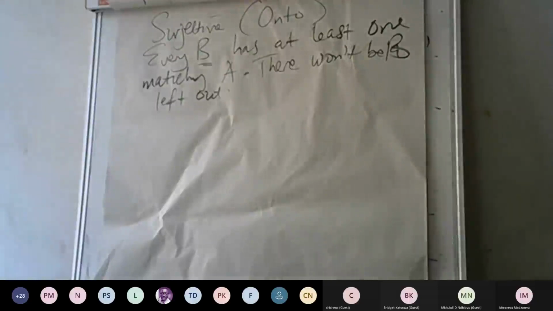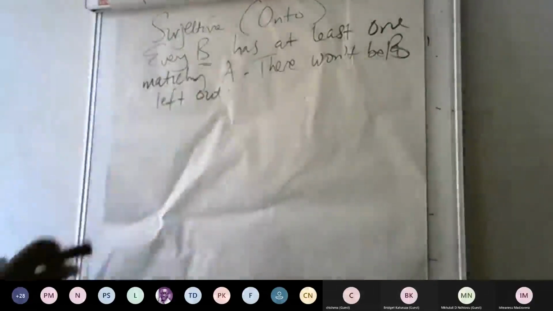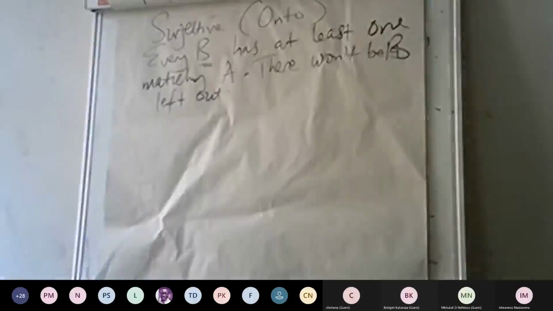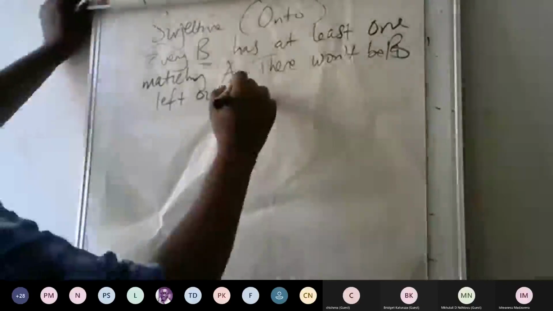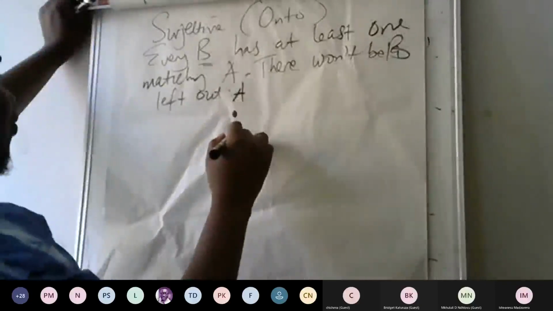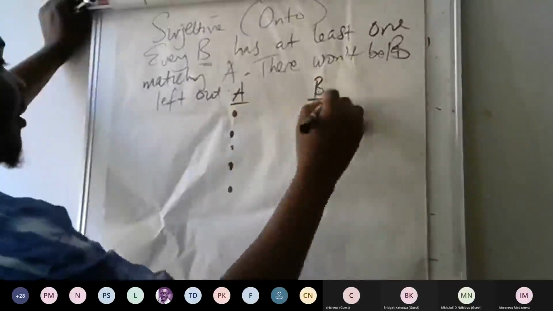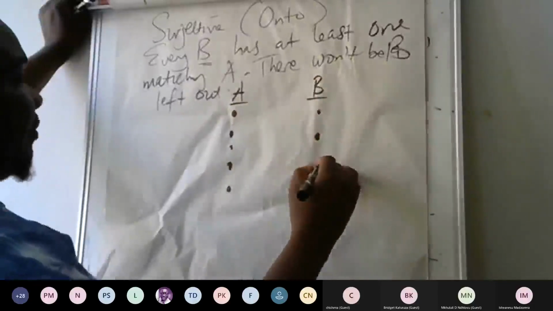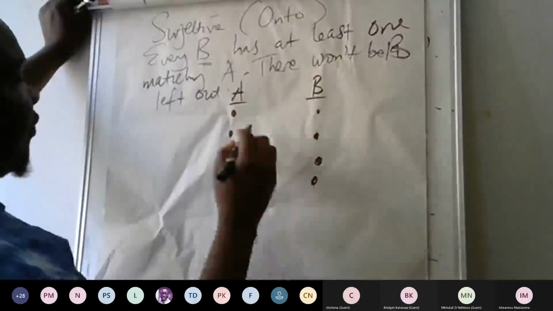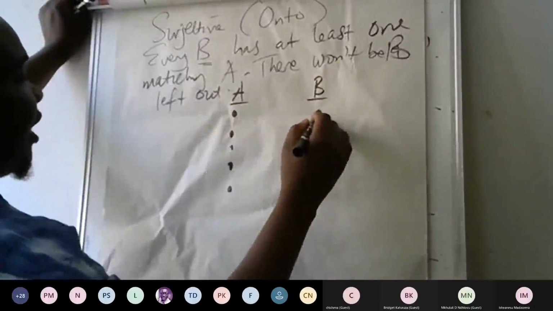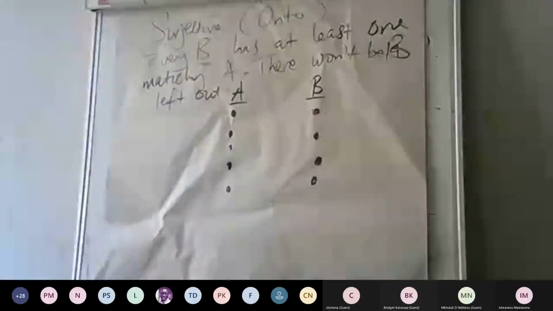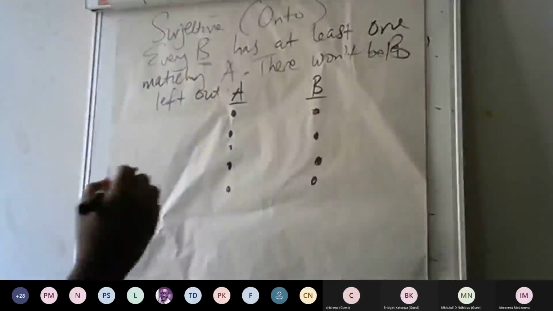So we can now demonstrate the issue of many-to-one that we've been talking about, and it still remains a function. I can decide to have 5 members of A and 4 members of B. Then I can have many-to-one in that instance.